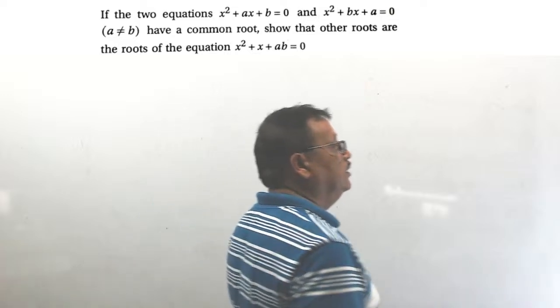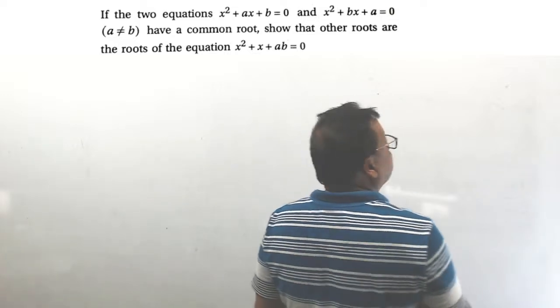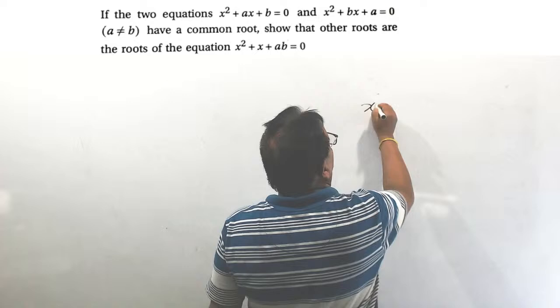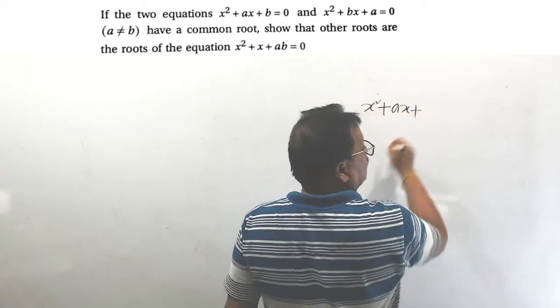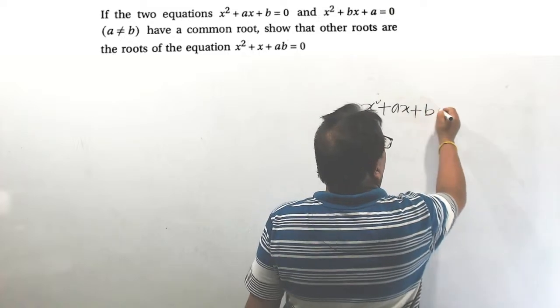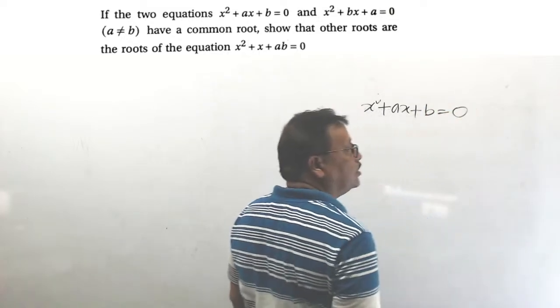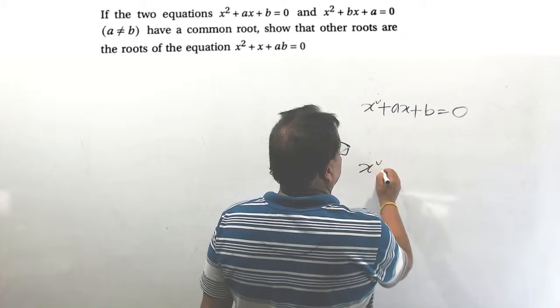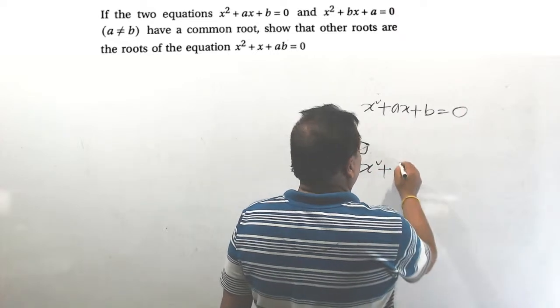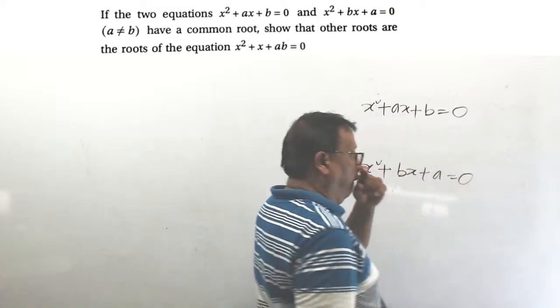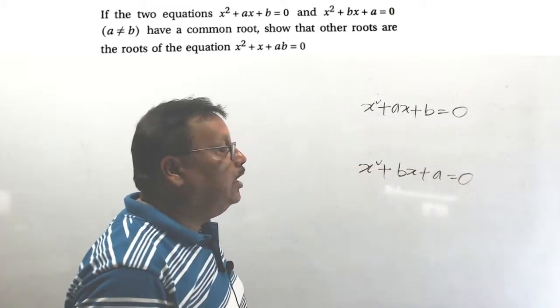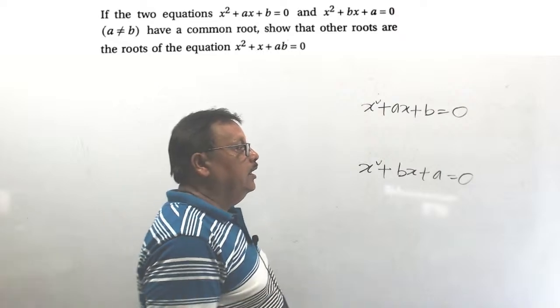First, you write the equations. The two equations are what? One equation x square plus ax plus b equals to 0, and the second equation is x square plus bx plus a equals to 0. Understood? And the condition a not equal to b. Have a common root.